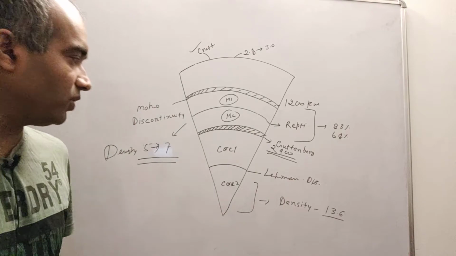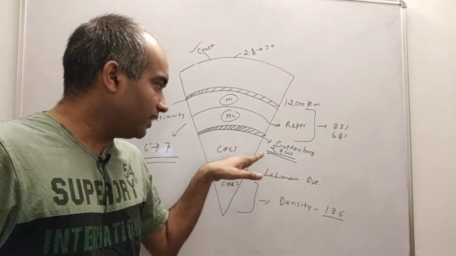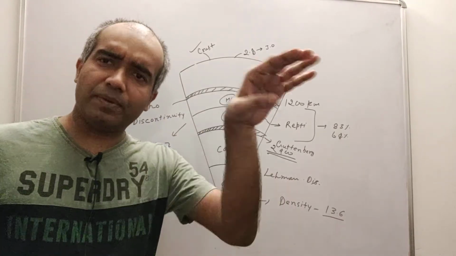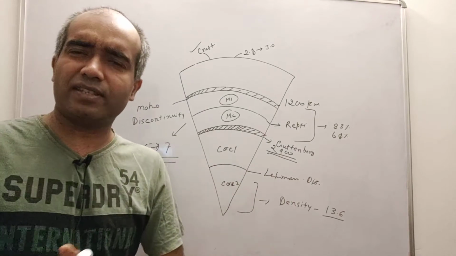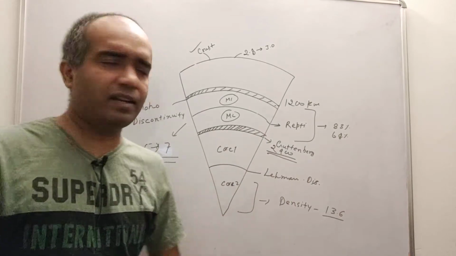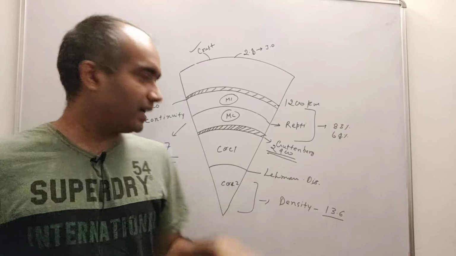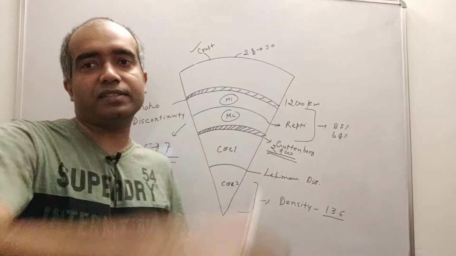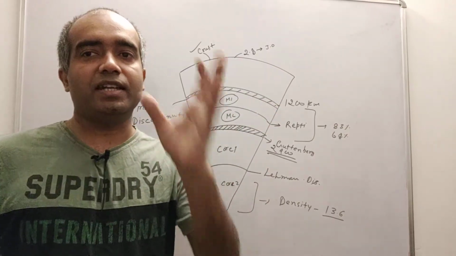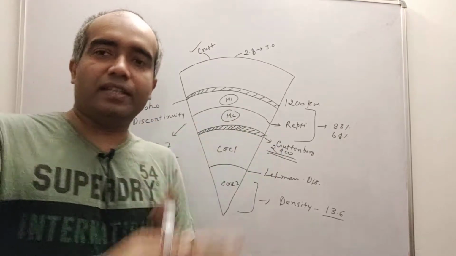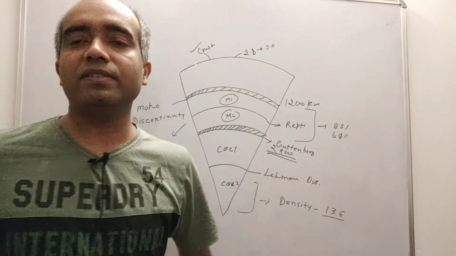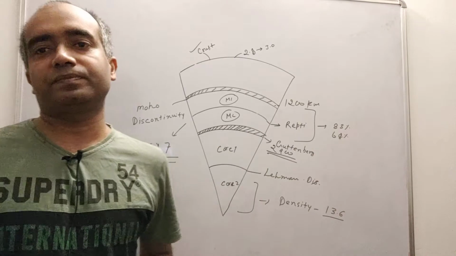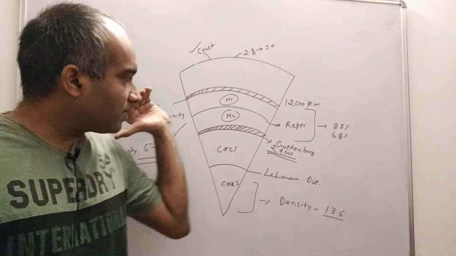So the density of the core, upper and lower core, on average starts from 9 to 10 and reaches 13.6. And here the speed of the P waves is the highest. They travel at a very high speed, because as the density increases, the speed of P waves increases in the medium, right?